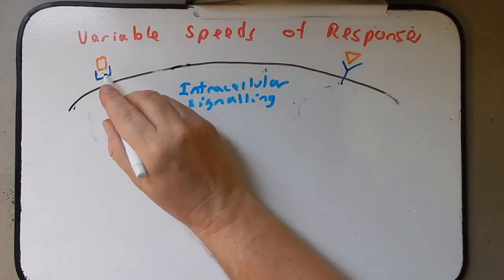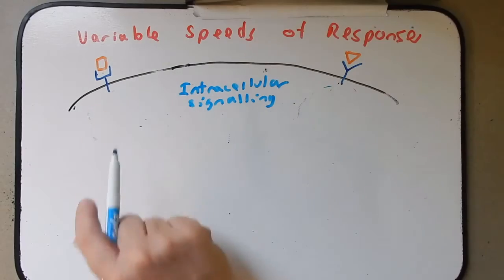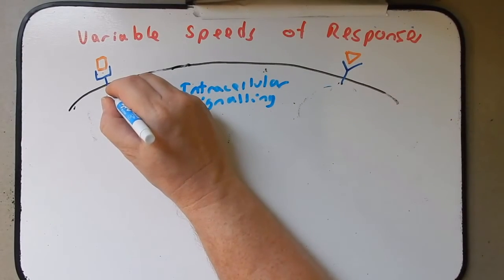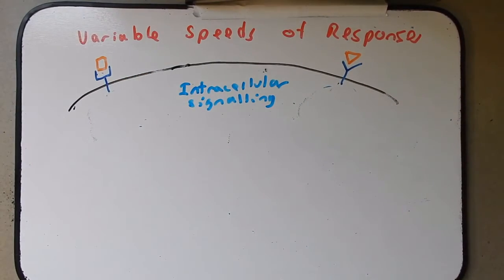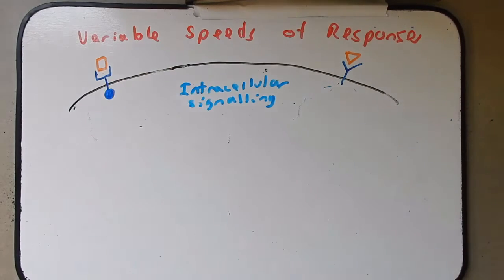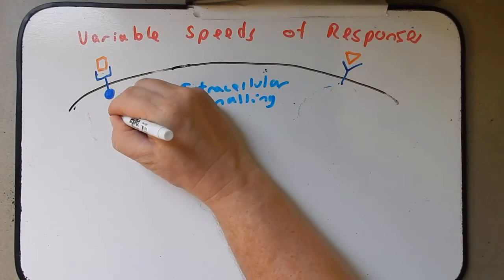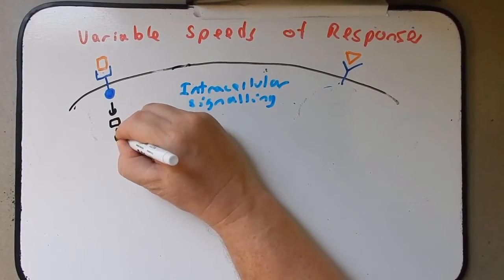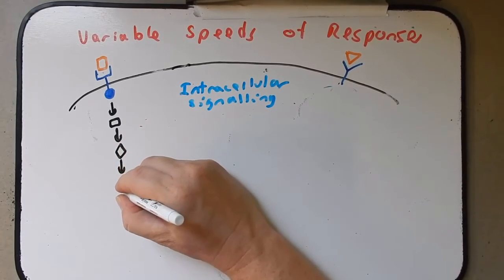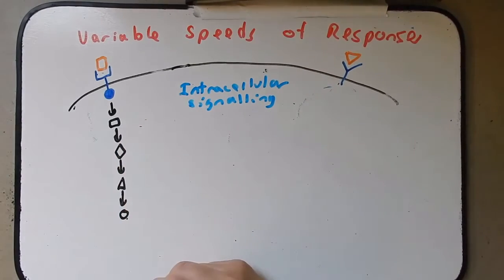So I think it's important to talk about this mysterious squiggly line. For simplicity, I'm just going to use this receptor. When this signal binds to this receptor, several things can happen. But let's just say it changes the overall shape of this receptor. This change can now signal another protein, which can then signal another protein, another protein, and it can go on and on.